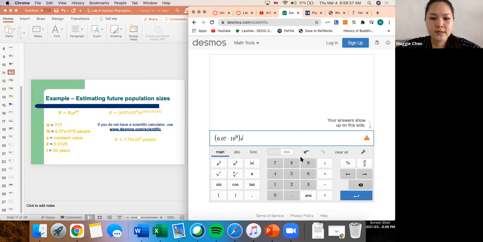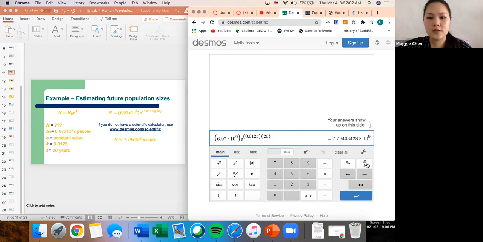To our e, we're putting e to the exponent of k, so 0.0125, and we're going to multiply that by our time, our t, 20 years. When you type that all in, it gives us the answer, and it matches up to the answer that we know is 7.79 times 10 to the 9 people.